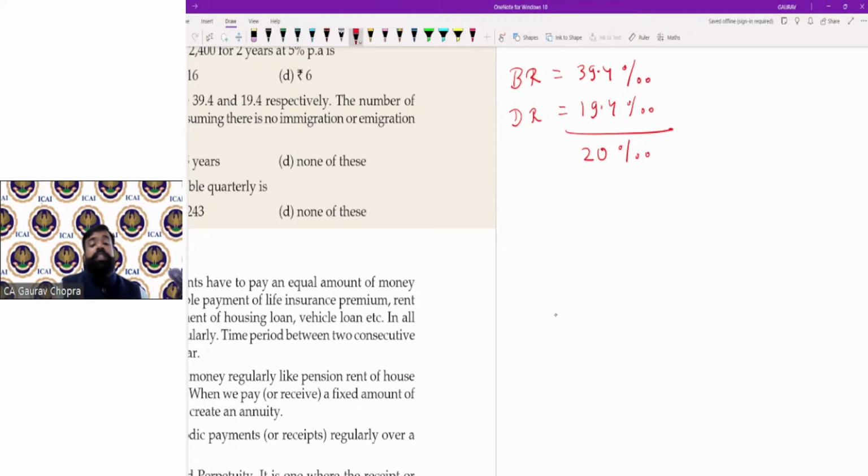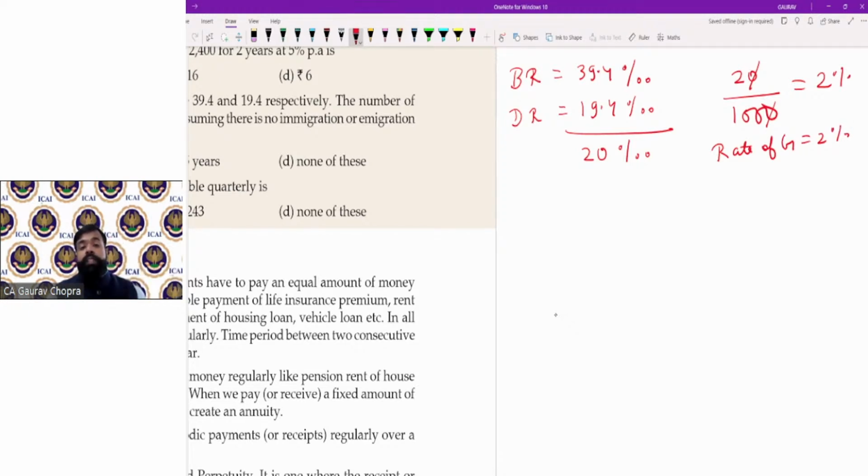Okay, now since it is per thousand but the rate is in percent, तो एक जीरो से एक जीरो को आप कैंसल कर दें. So since it is 20 per thousand, now it becomes 2 upon 100, that is 2%. So this is the rate of growth of population. So rate of growth is 2%.